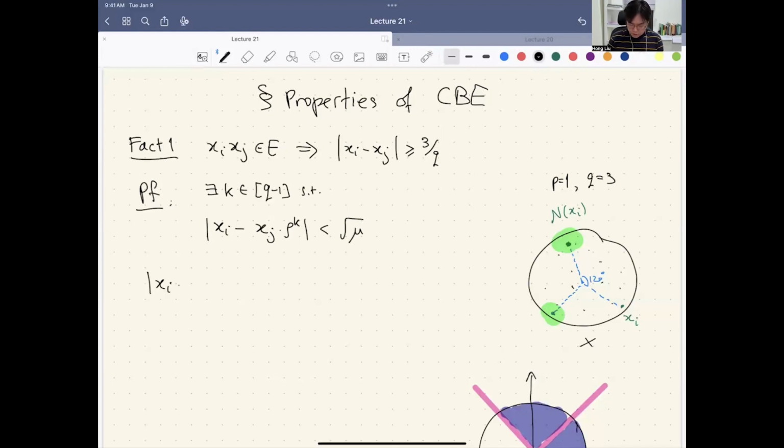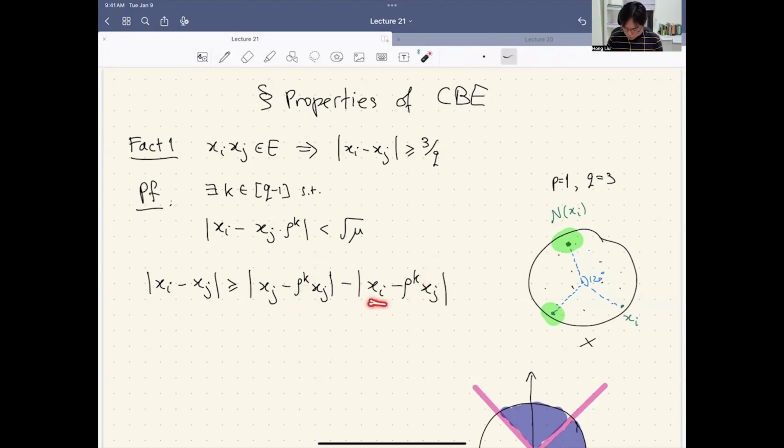Let's look at their difference. It's bigger than, by triangle inequality, the norm of xj minus rho^k xj, minus the norm of xi minus rho^k xj.